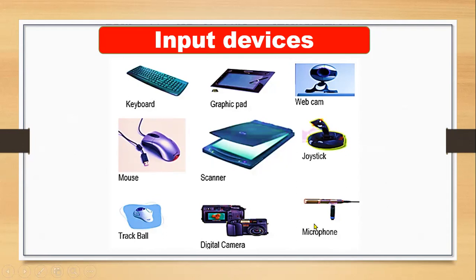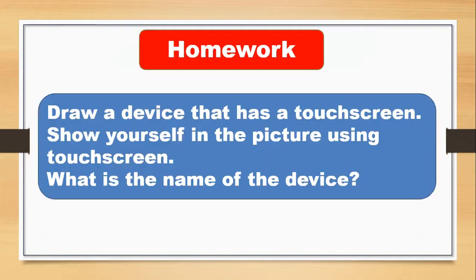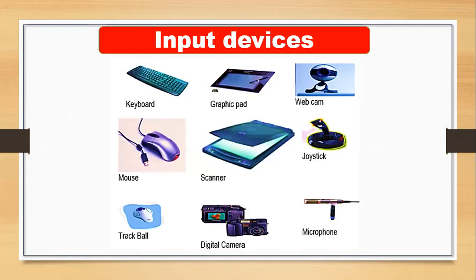These devices are input devices that help us to send information to the computer. So anything that goes inside the computer, you will call that device an input device. And when you take output from the computer, like a printer, speakers, or monitor, you will call them output devices.